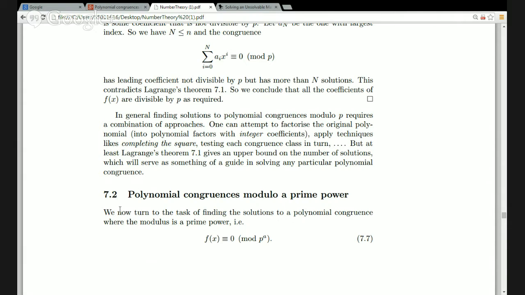So you get a set of solutions for each of these. And then these sets of solutions come back and we obtain solutions to the original problem via the Chinese remainder theorem.